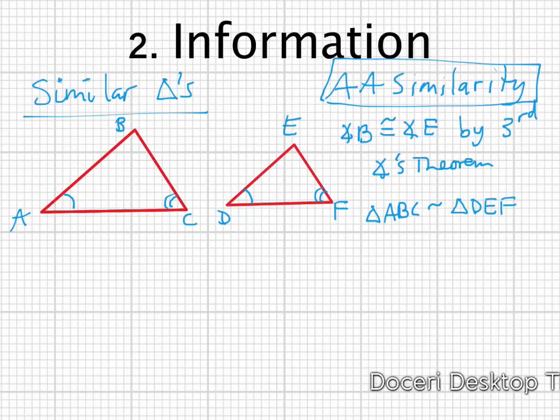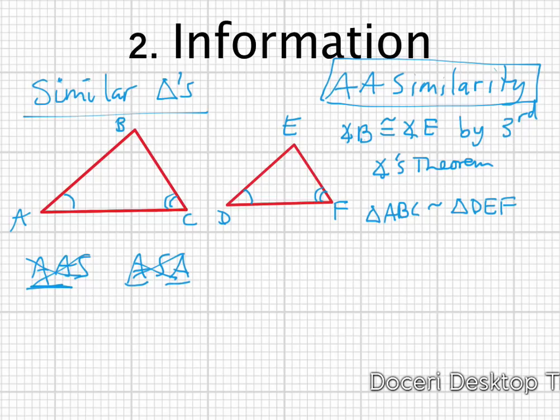Well, angle, angle, side has the two angles already congruent. So that's the same as angle, angle similarity. So I don't need to bother with that one. And again, angle, side, angle already has two angles congruent. So that's angle, angle similarity. So with angle, angle similarity, I don't have to bother with either of these two congruency statements.